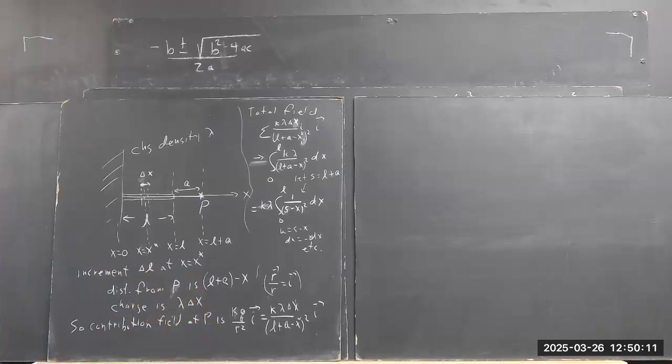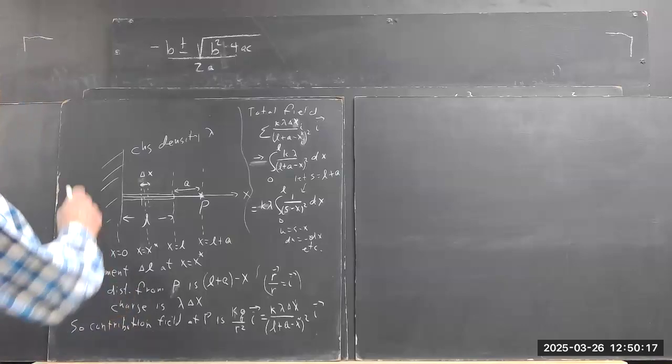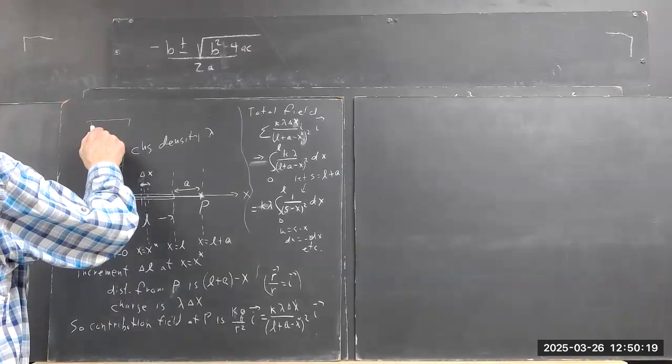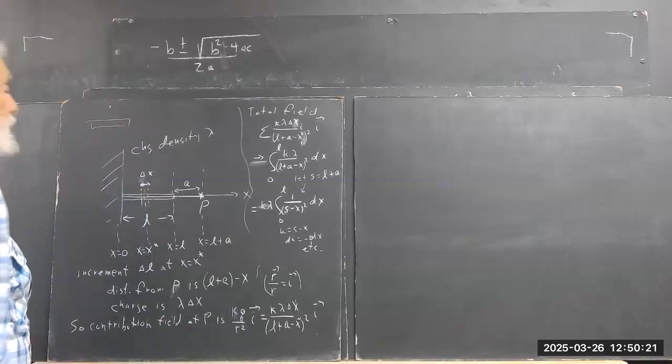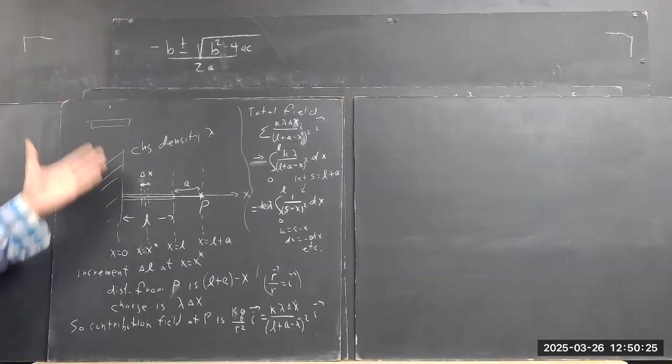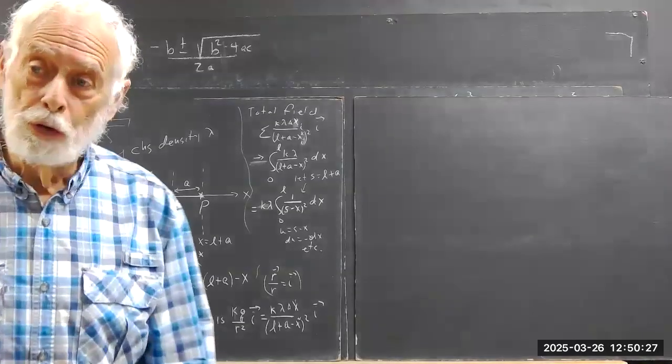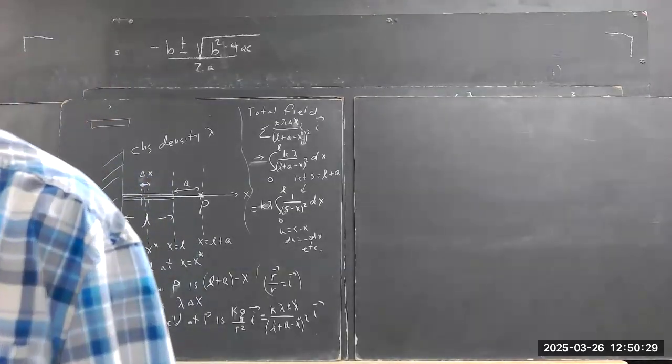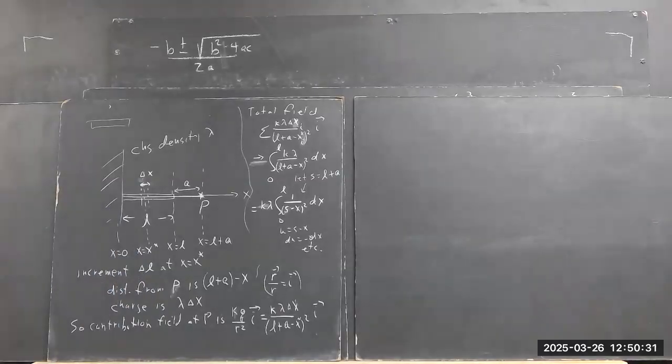Now, that was one of the two problems in a pair. The other problem in a pair had a line of charge up here. Well, that's how. You sure you can do those problems? Just ask yourself what happens.